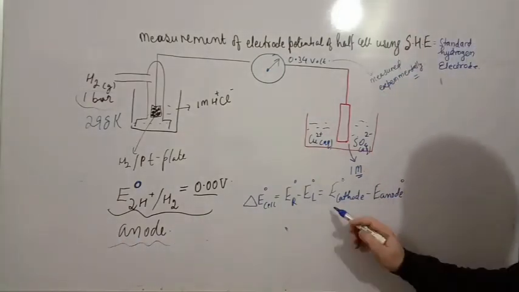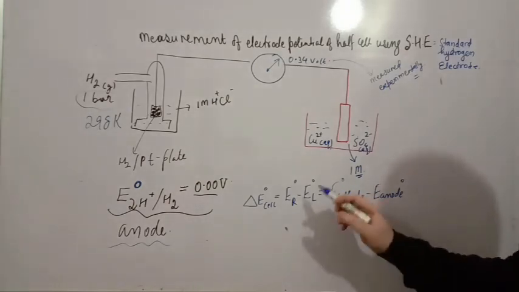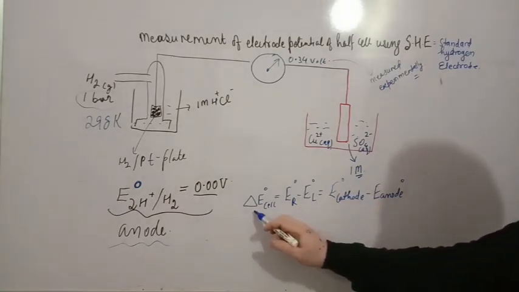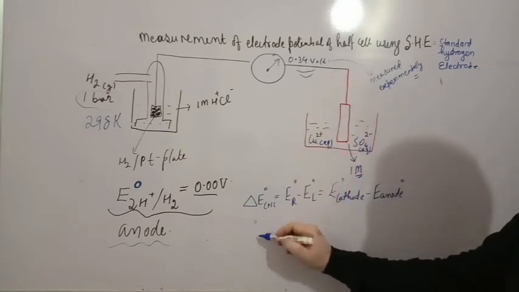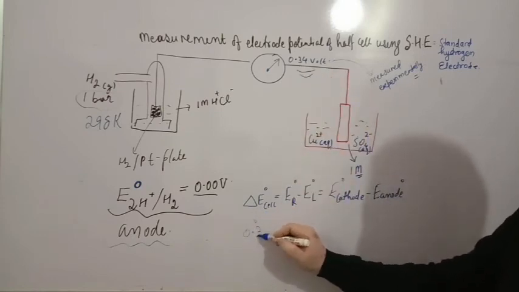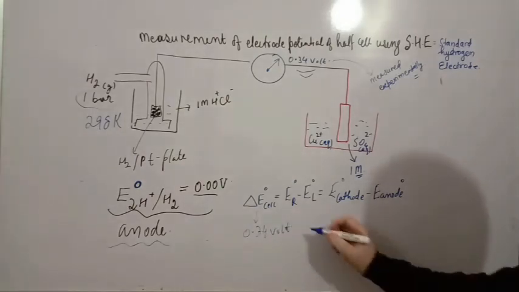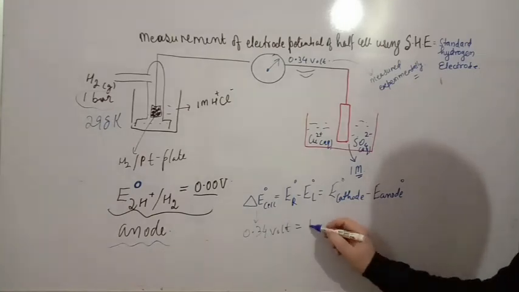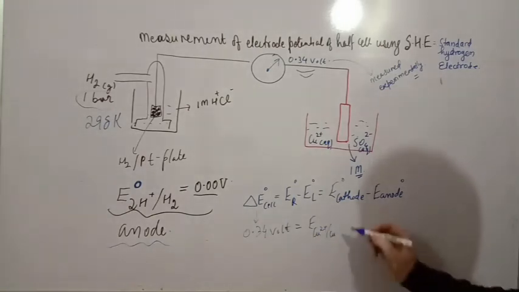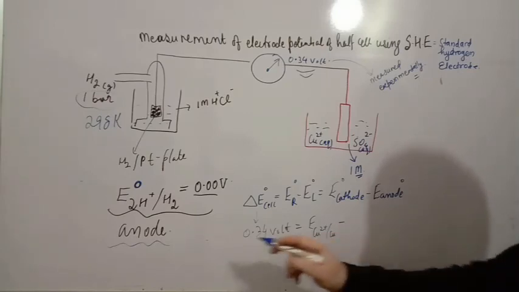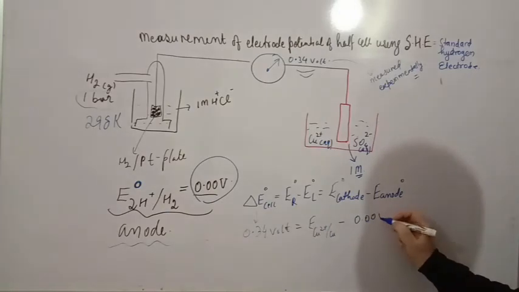The E cathode we get in terms of the reduction potential of the electrode is a measured value. We put the net EMF of the cell, 0.34 volt, equal to E cathode, that means Cu2+/Cu, minus E anode, which is 0.00 volt.